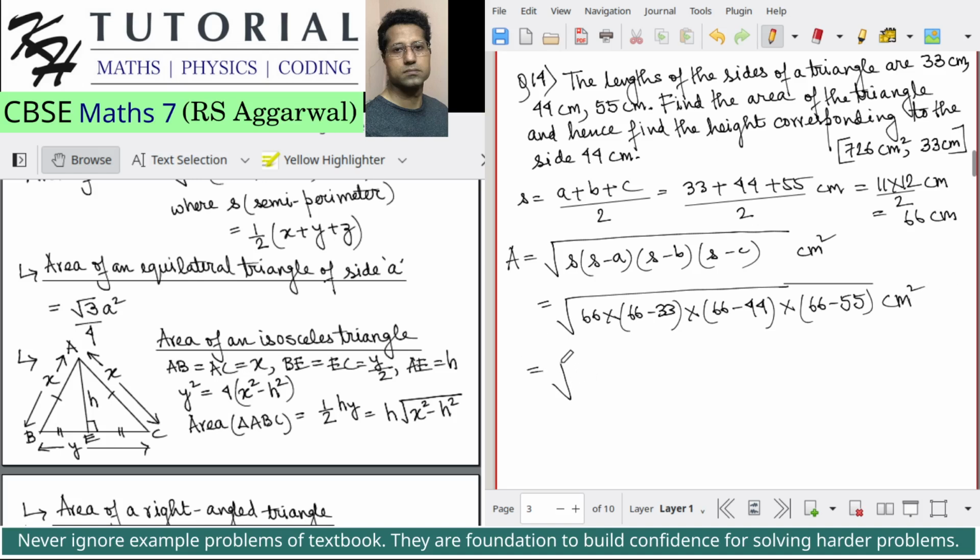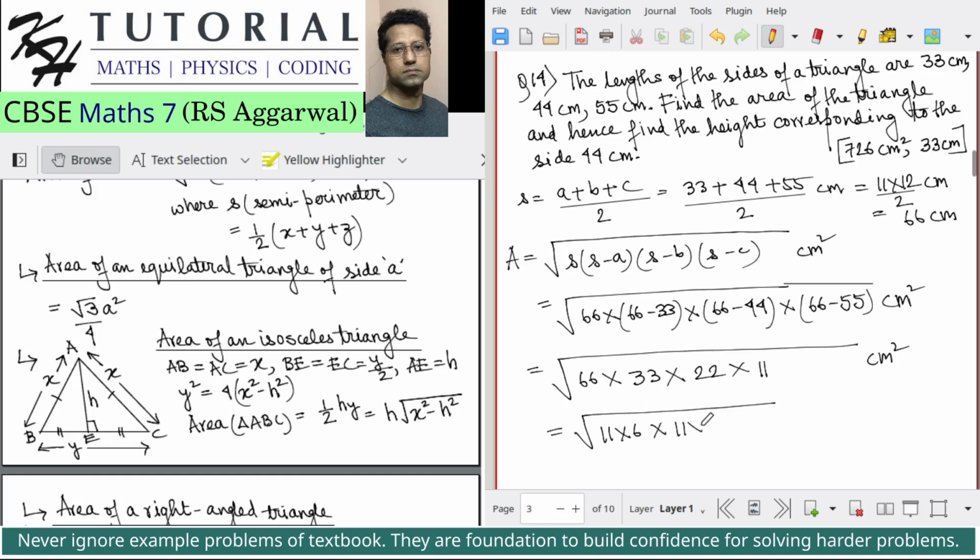So this is equal to 66 multiplied by 33 multiplied by 22 multiplied by 11, this much centimeter square, and this is equal to 66 is 11 multiplied by 6, 33 is 11 multiplied by 3, and 22 is 11 multiplied by 2, and we have 11 centimeter square.